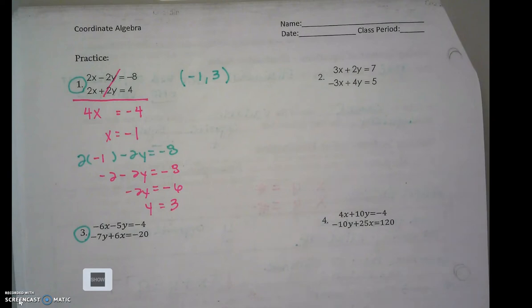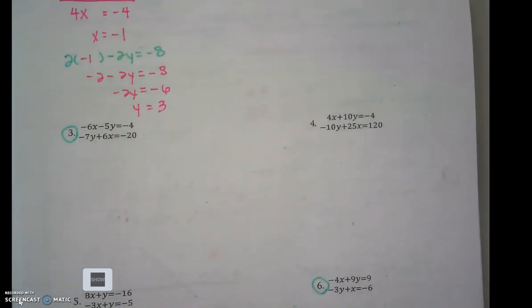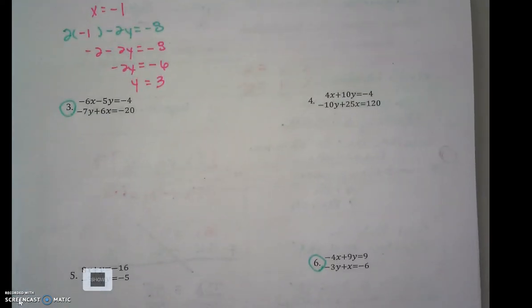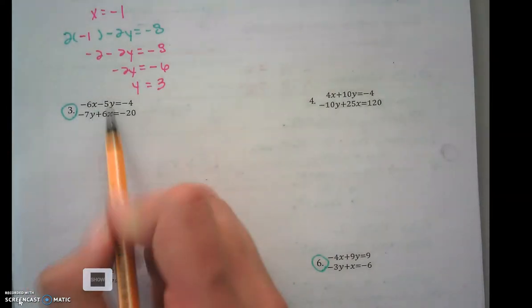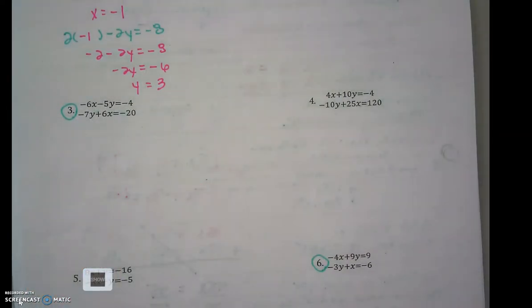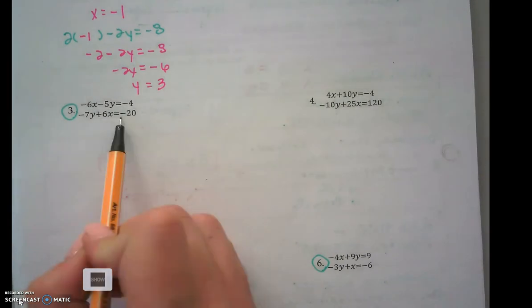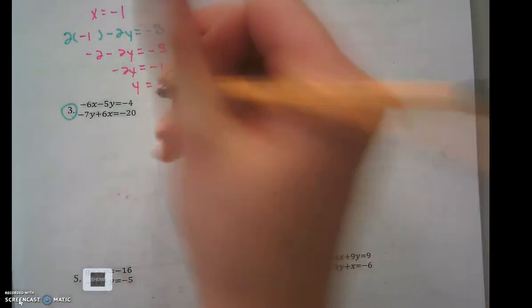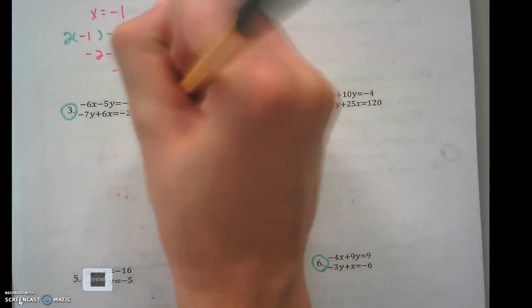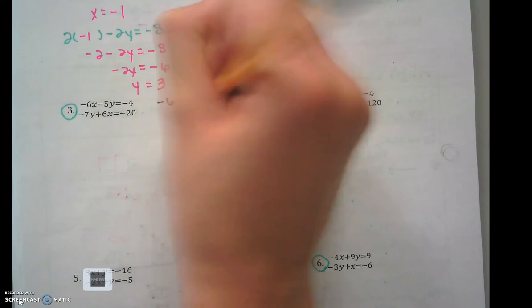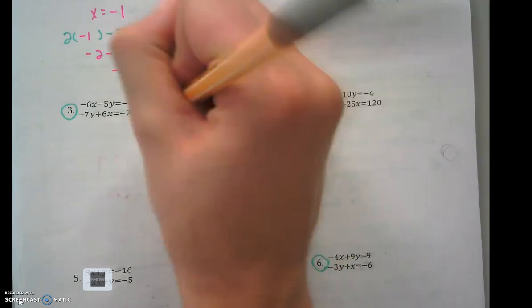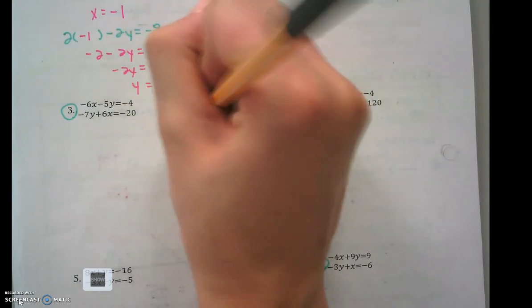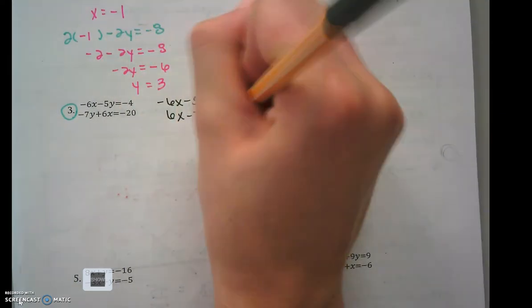Looking down at number 3 now, if I look, my variables are not aligned. So the first thing I need to do is I need to rearrange this second equation so that my variables do align. So I'm going to rewrite them both. 6x minus 5y equals a negative 4. 6x minus 7y equals a negative 20.